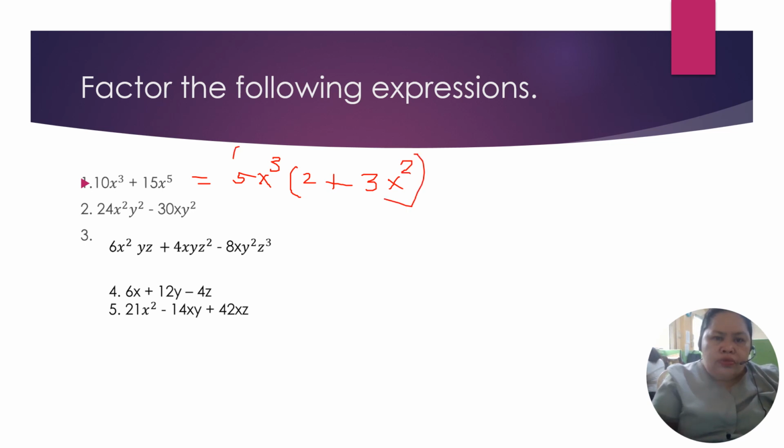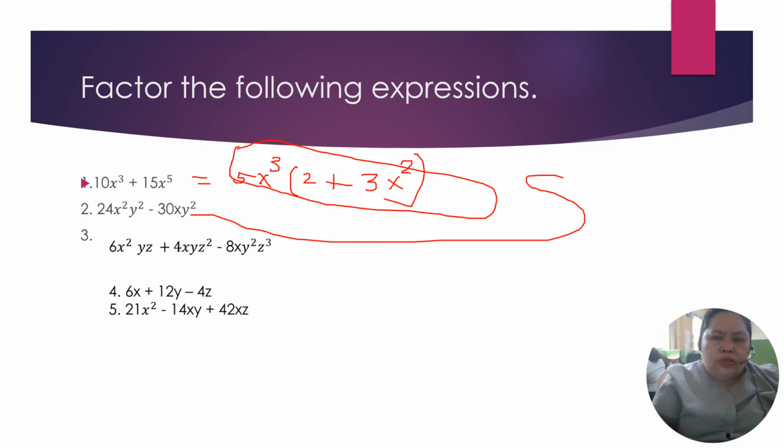Okay, this is the final answer. Next, what about this one? 24x squared. For 24 and 30, the common factor is 6, times x and y, or we can use y squared. That's possible. So 24 divided by 6 is 4.